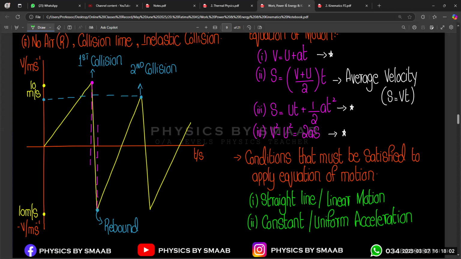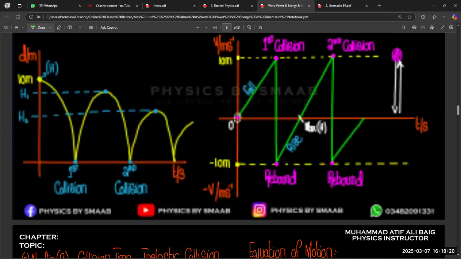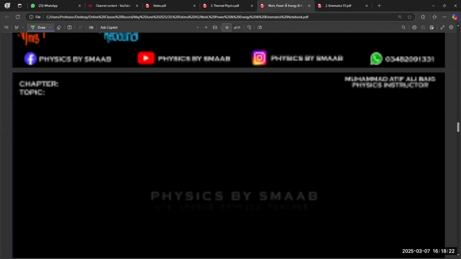So first of all, we talk about projectile motion, and before projectile motion, one more idea related to these equations of motion, that is called upward or downward motion.